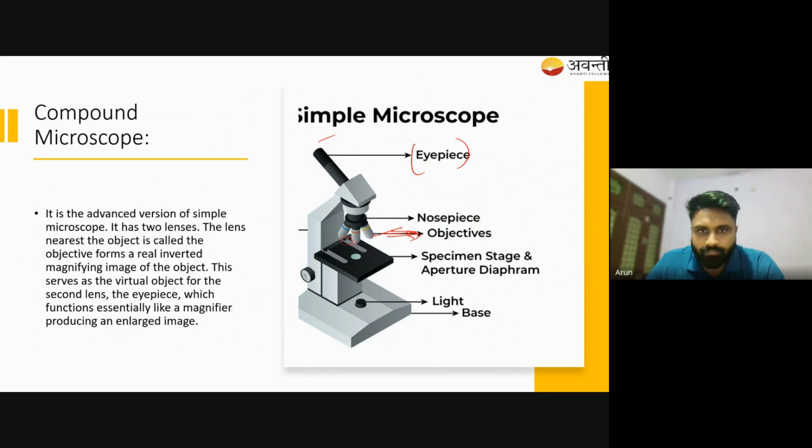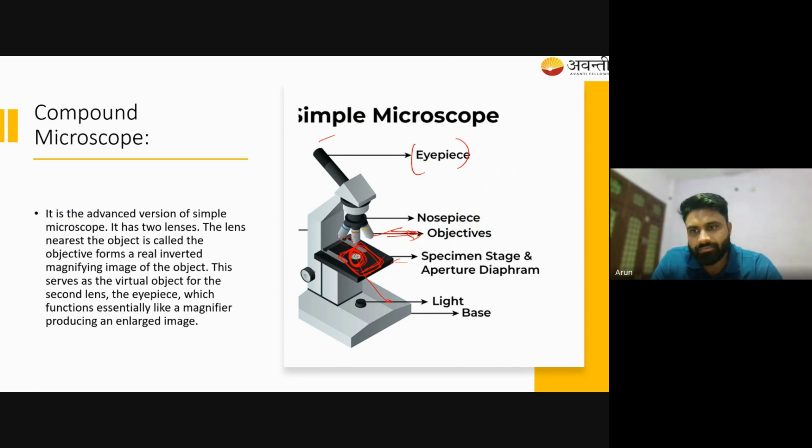This is the specimen, where we put the glass slab on which the object to be studied is placed. This portion is for the light, so that you will see a brighter picture. And this is the aperture diaphragm.